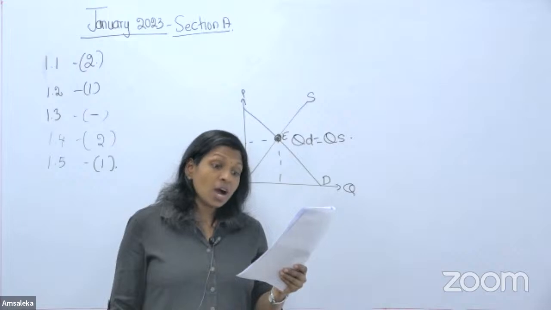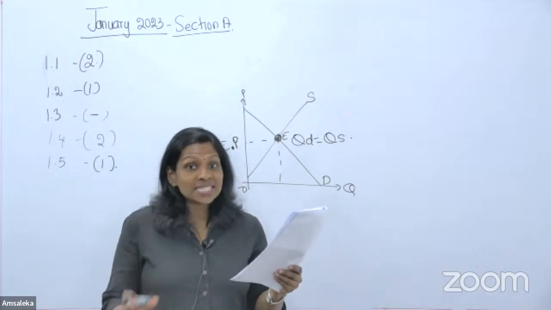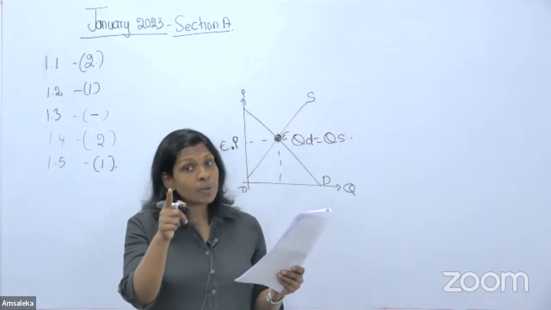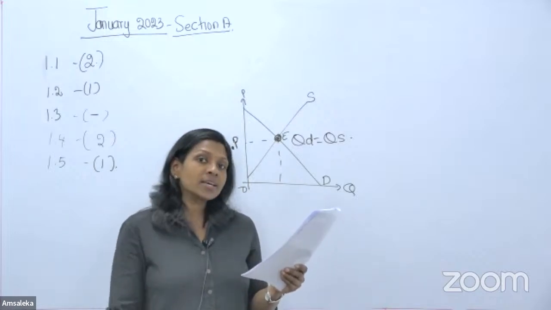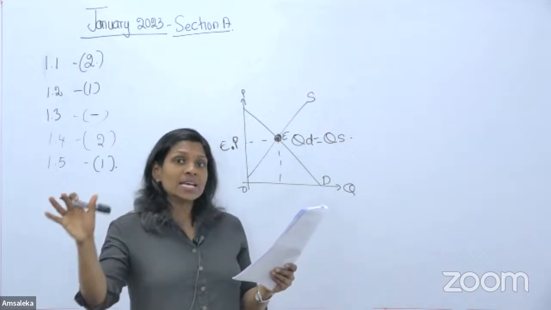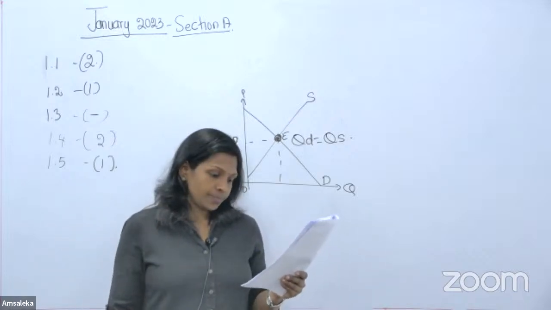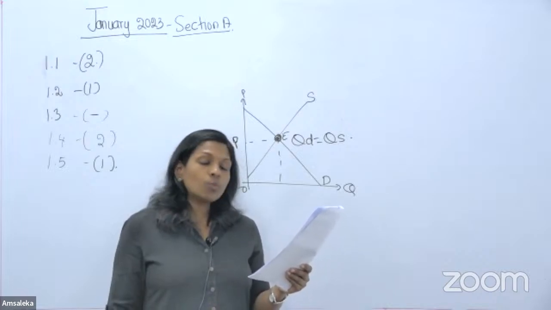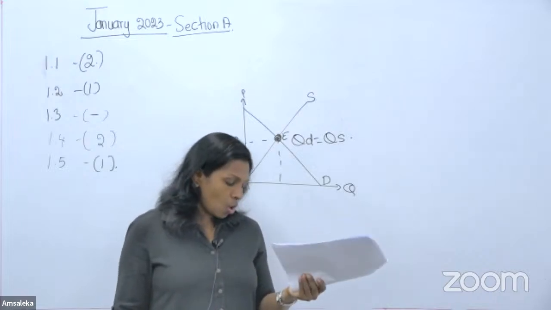If X and Y are complementary goods, they are saying complementary. So with complementary, can you find the answer in plus? No, definitely the answer comes in minus. So that's how you can take out the wrong things. The cross price elasticity of demand for commodities X and Y would be how much?